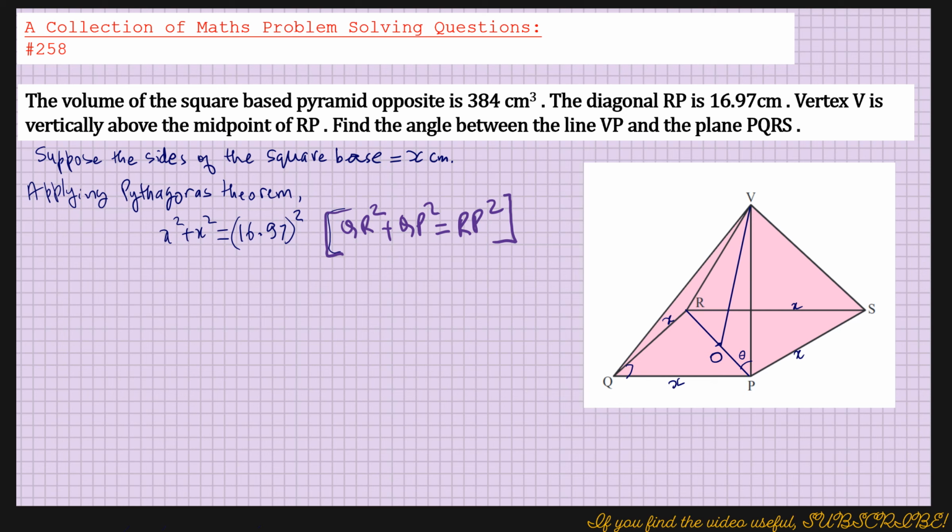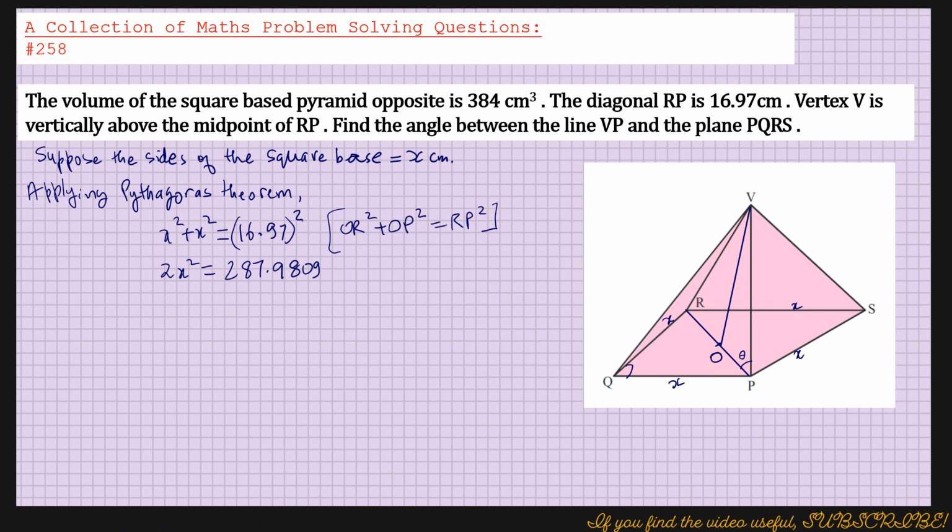I made a mistake in writing it at first, but that's correct now. So x square plus x square equals 16.97 square, since they've given us RP as 16.97.